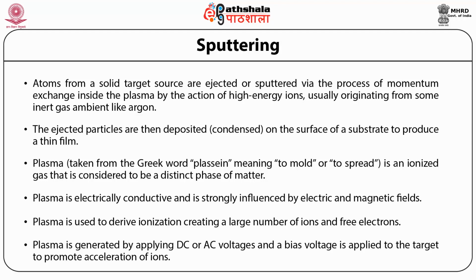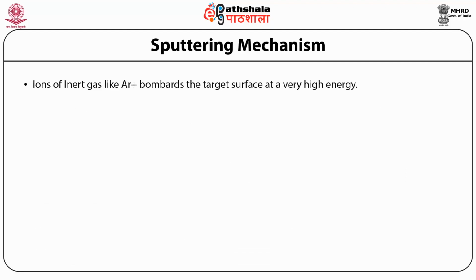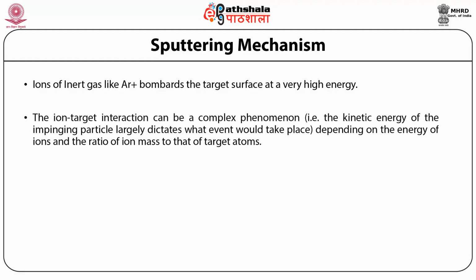Sputtering mechanism. Ions of an inert gas like argon bombard the target surface at a very high energy. The ion-target interaction can be a complex phenomenon, that is, the kinetic energy of the impinging particle largely dictates what event would take place.